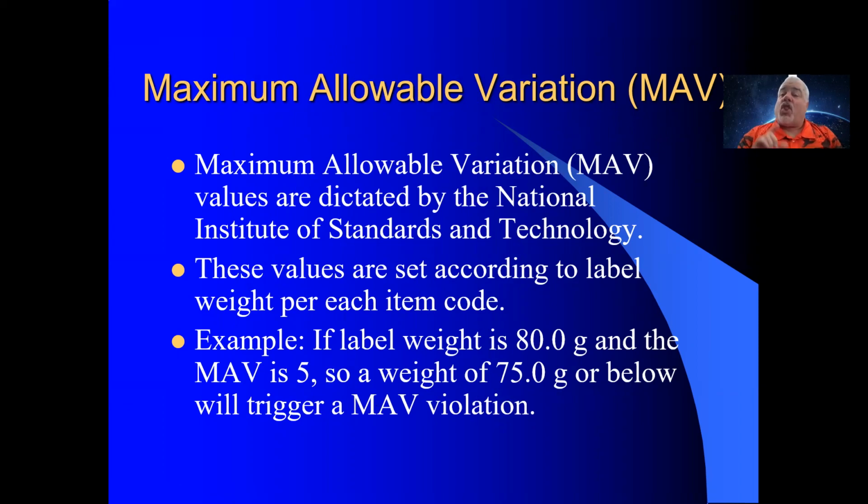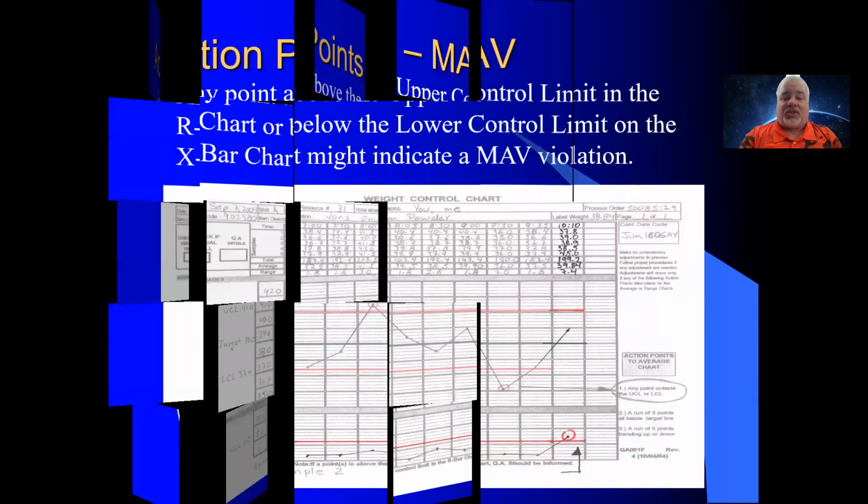Now again, the X bar charts' upper and lower control limits are set by the mathematical history of the process, not by MAV settings. So it's possible to have a stable system that constantly gives you MAV violations.